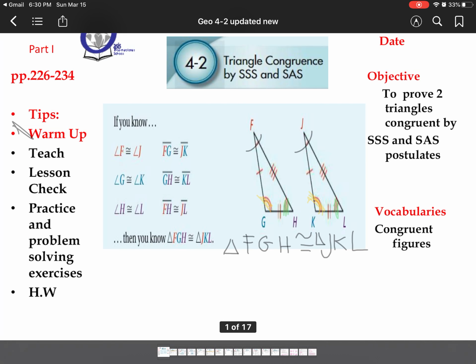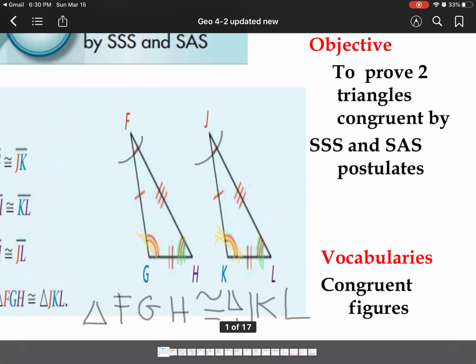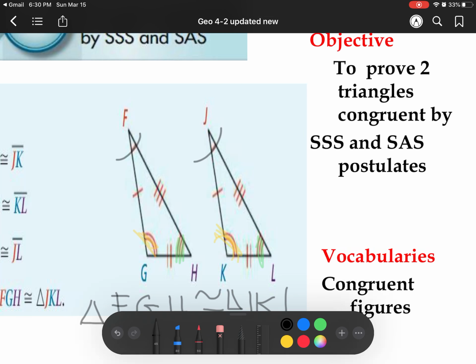Now, the objective of this lesson is to prove the congruence between two triangles using two different postulates, which are SSS and SAS.